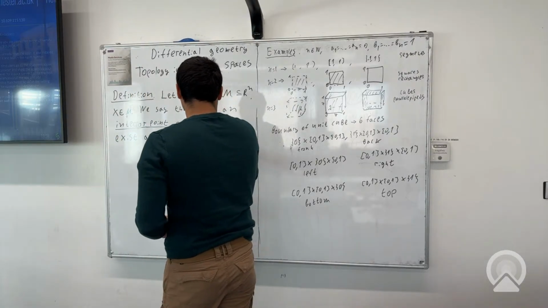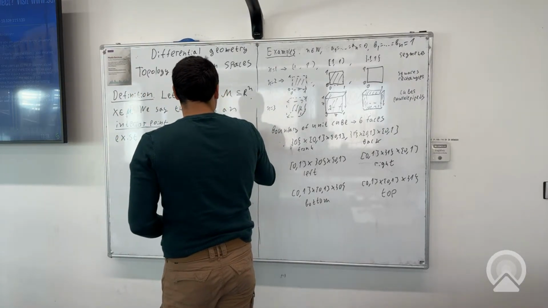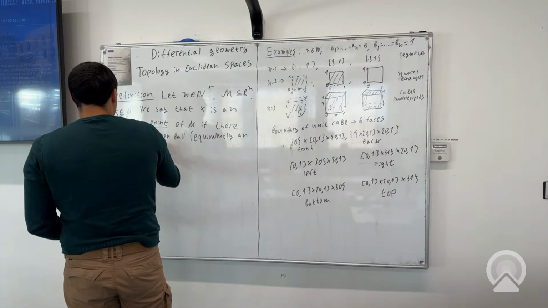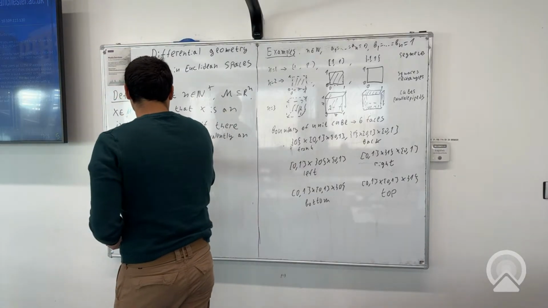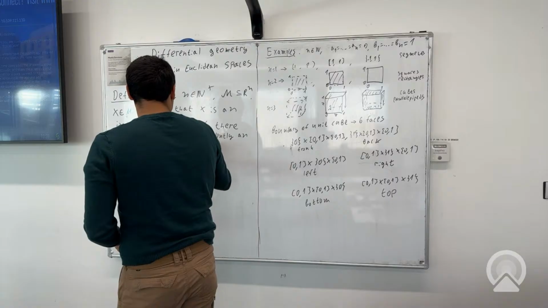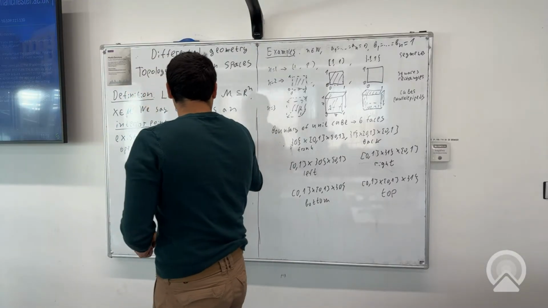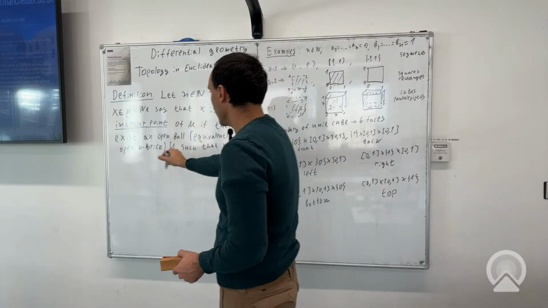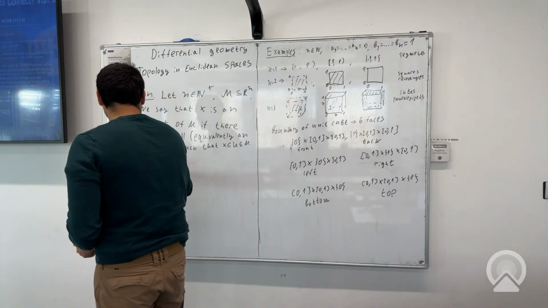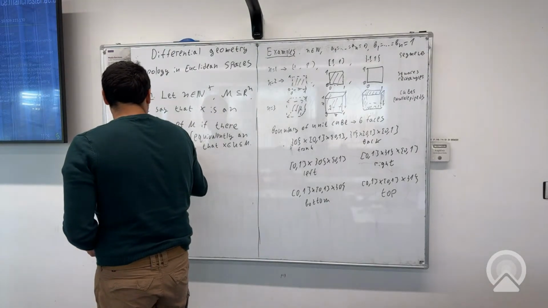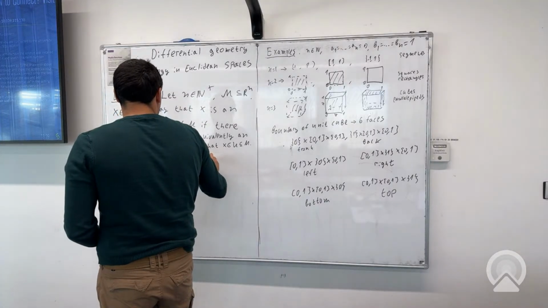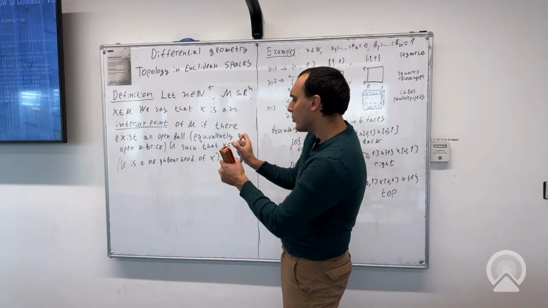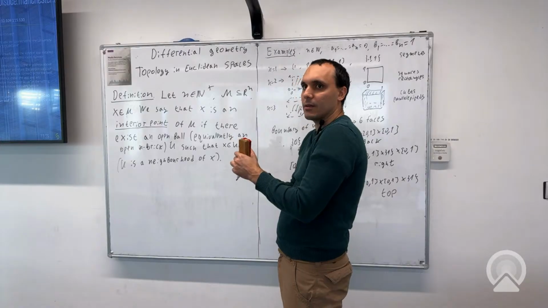equivalently, an open brick. Let's go with U such that X is in U, which is a subset of M. And so we say that U is a neighborhood of X. So if a set contains a ball, we can put a little bit smaller brick inscribed in it.